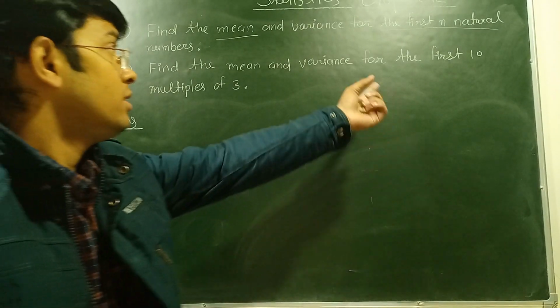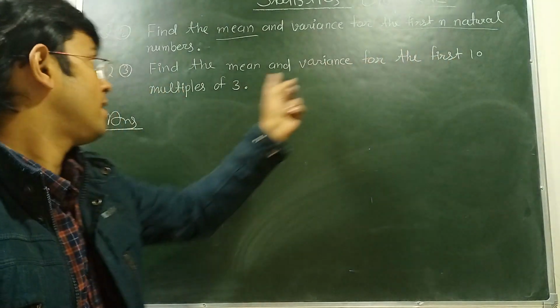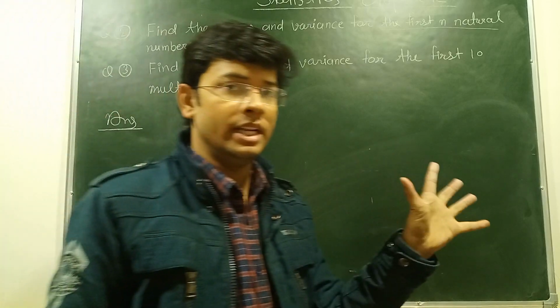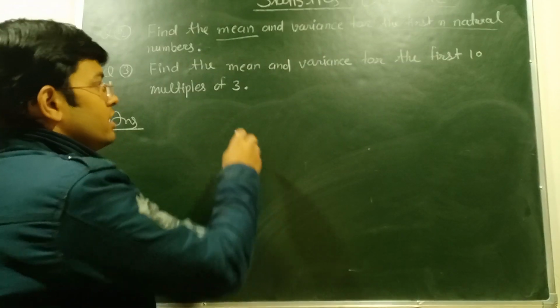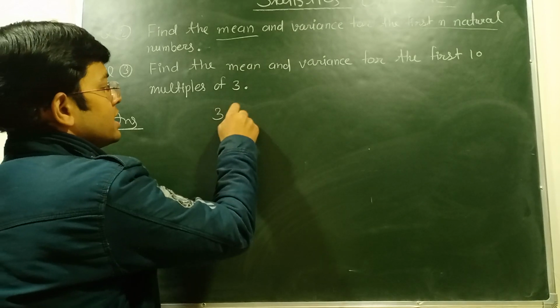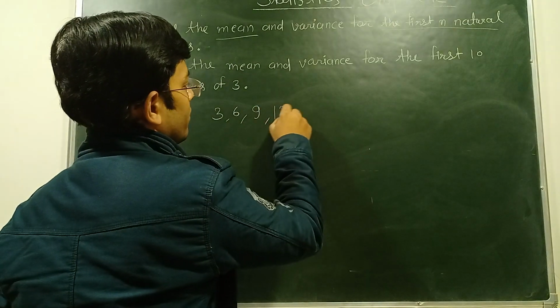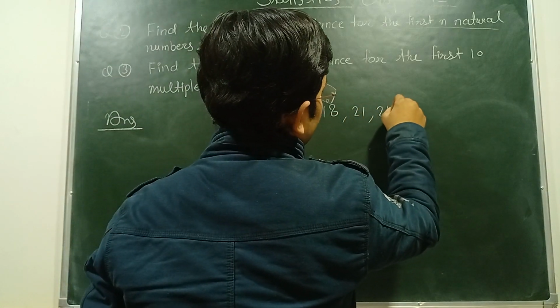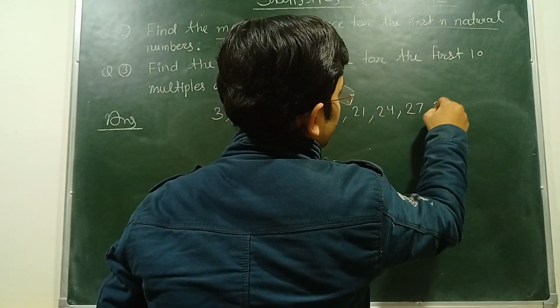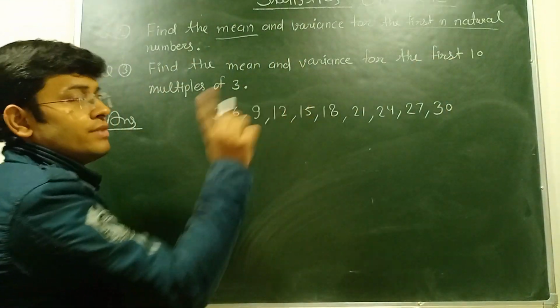In this question, first of all we have to write the multiples of 3. So what are the multiples of 3? 3, 6, 9, 12, 15, 18, 21, 24, 27 and 30 are the 10 multiples of 3.